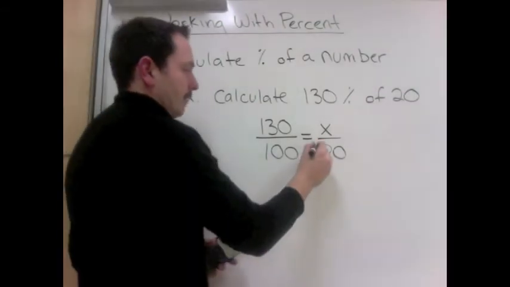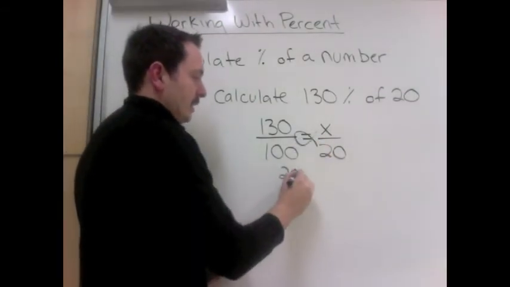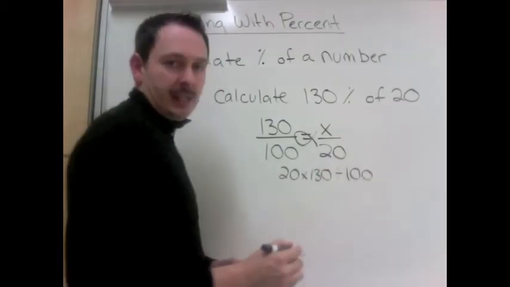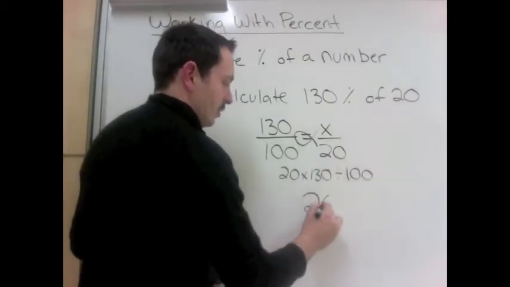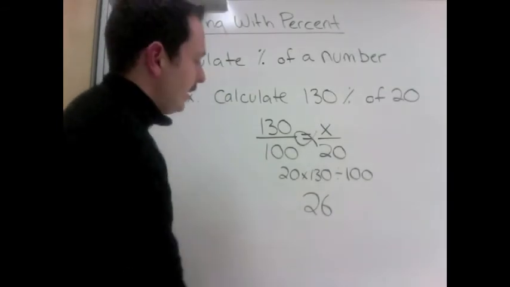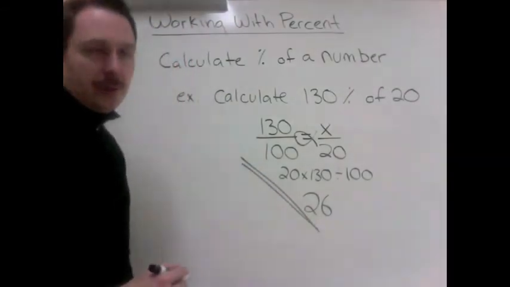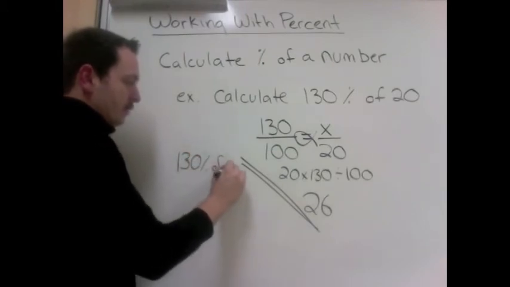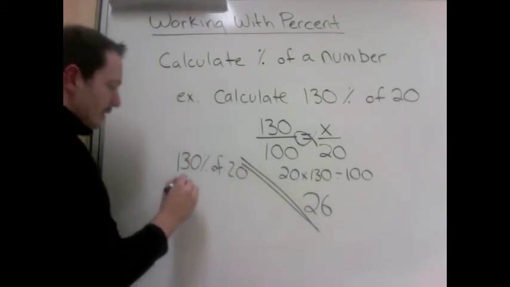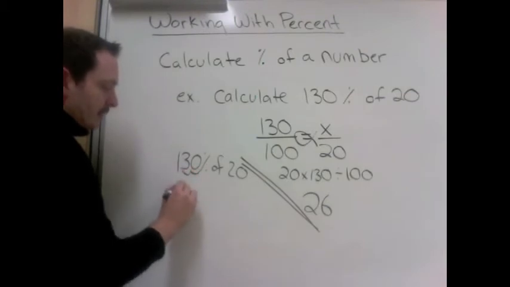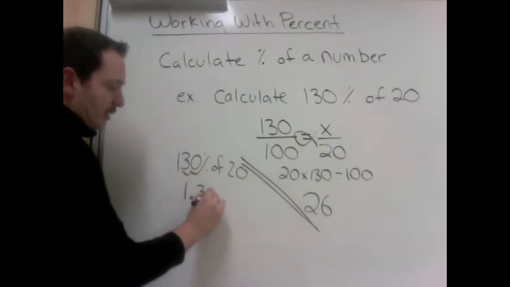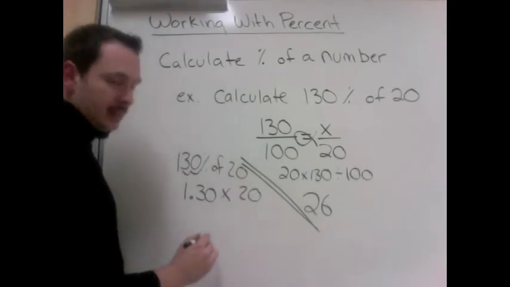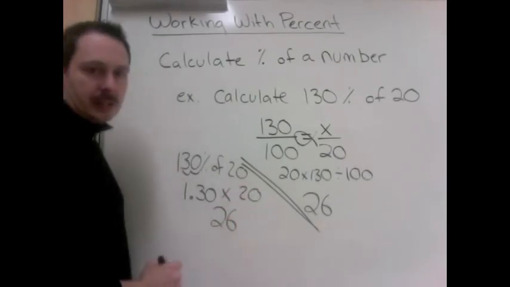And again, we can use our fish technique. 20 times 130 divided by 100 is 26. Using our second method, if you prefer that, 130% of 20 is, move your decimal 2 jumps to the left, 1.30. Of is times 20 is 26.